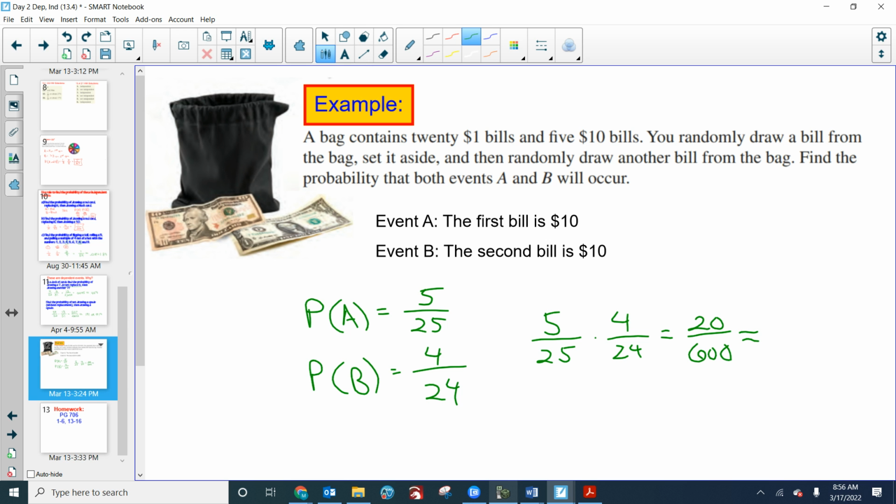What was it, Olivia? 0.33? No, 0.033. Yeah. It's going to be repeating. So about a 3.3% chance.